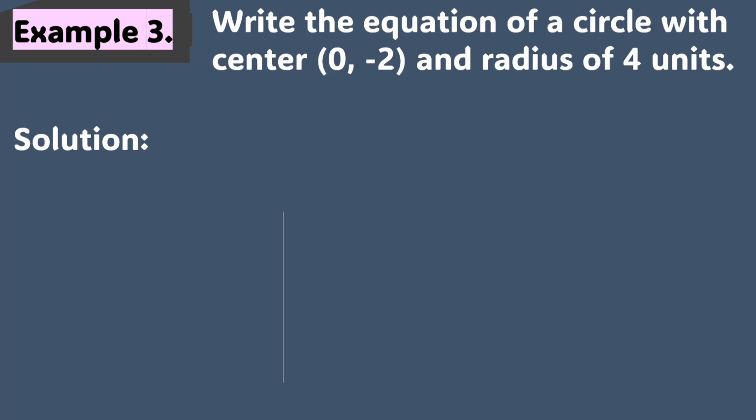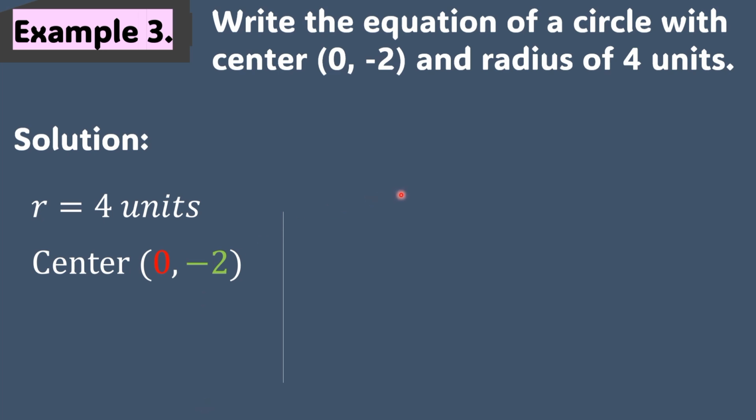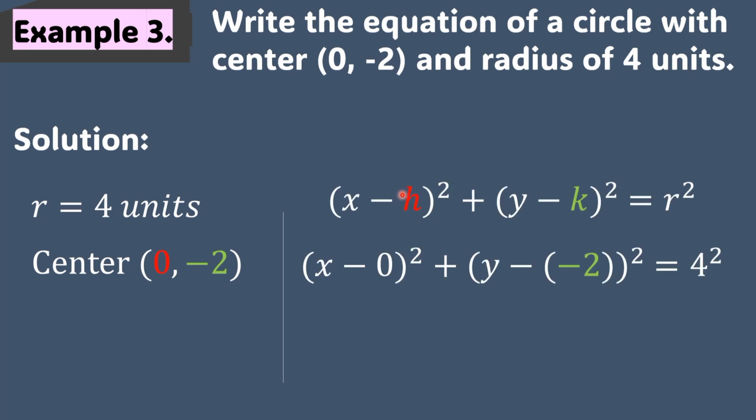Third example. Write the equation of a circle with center (0, −2) and radius of 4 units. r is 4 units and the center is (0, −2). In the equation of a circle, substitute the given. h is 0, then k is −2.